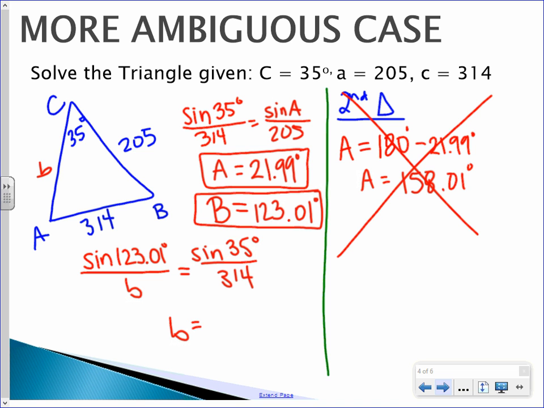Chris, do you have an answer there? I got 459.07. Wow, that's a big number. Is that okay? Yeah, it's our biggest side across from our biggest angle. That should make sense.